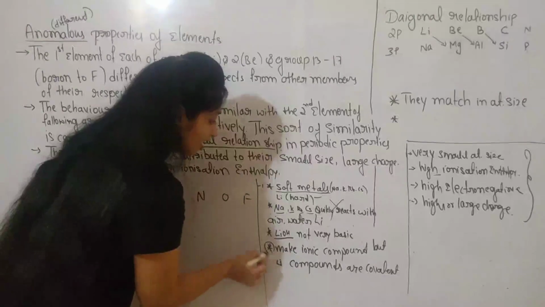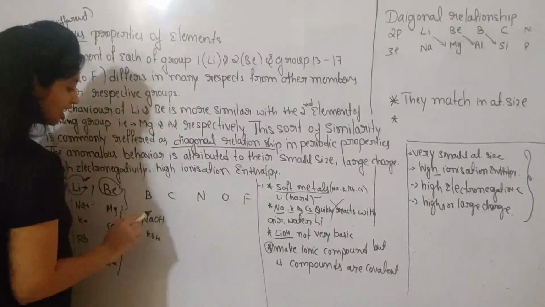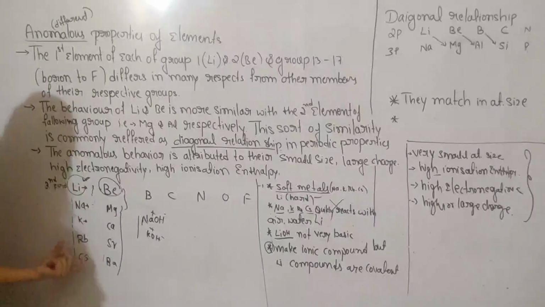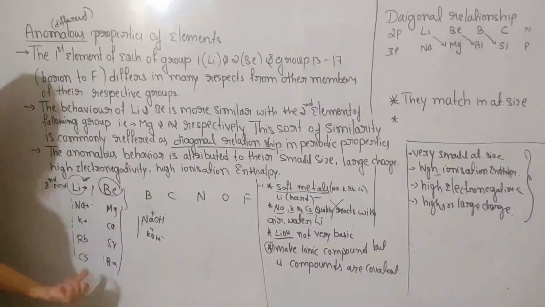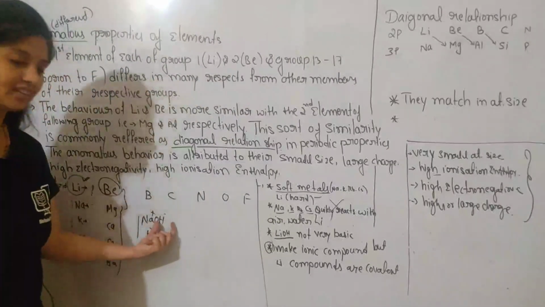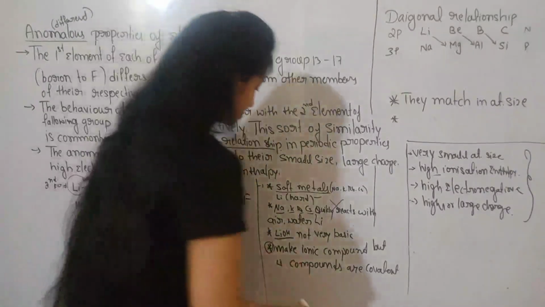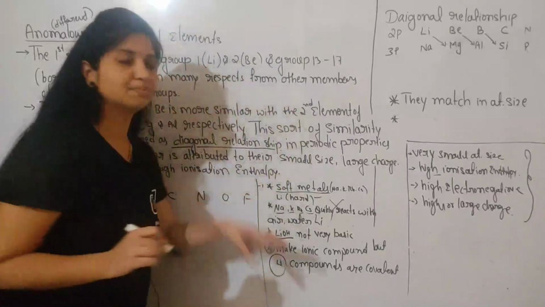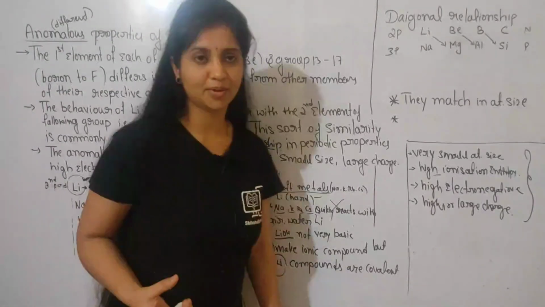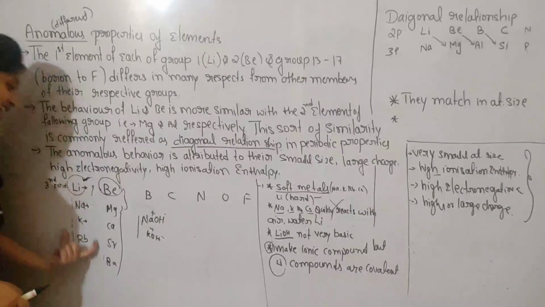And next, sodium, potassium, rubidium, cesium, magnesium, calcium, strontium and barium form ionic compounds, with cation and anion. But lithium compounds are covalent. So lithium forms covalent compounds.